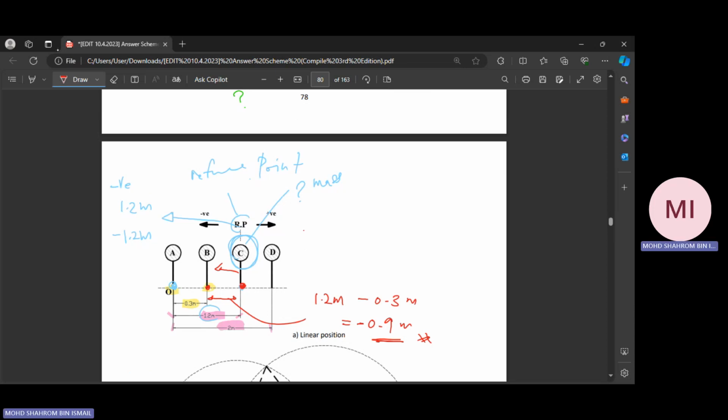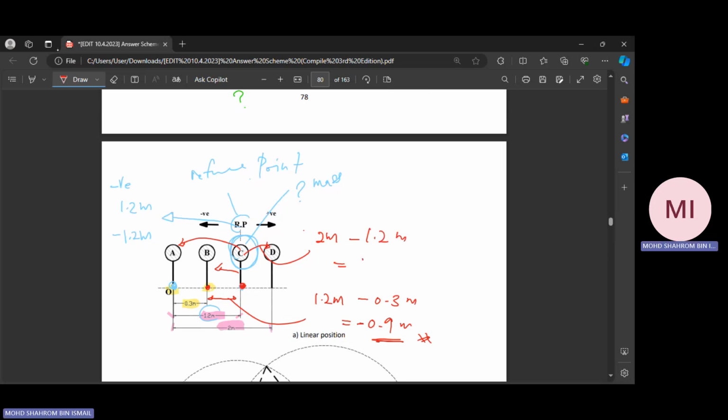So basically you're going to determine the distance from C to A and C to B. And then afterward you're going to know the distance from C to D. From C to D is very simple. The formulation is 2 meter minus 1.2.